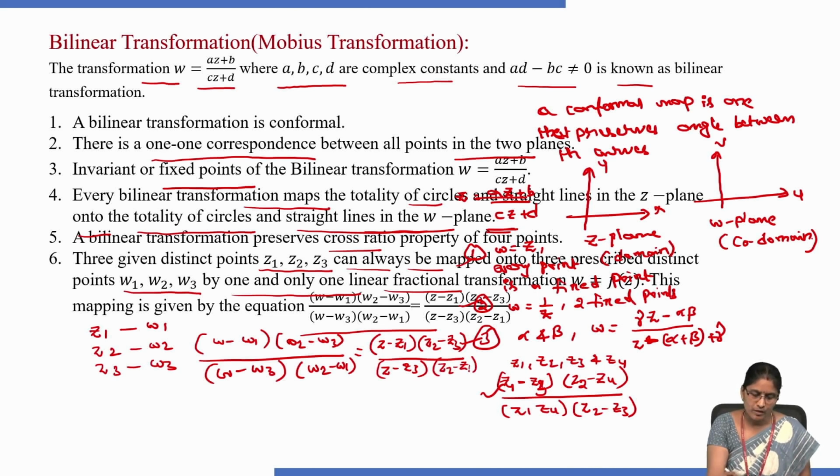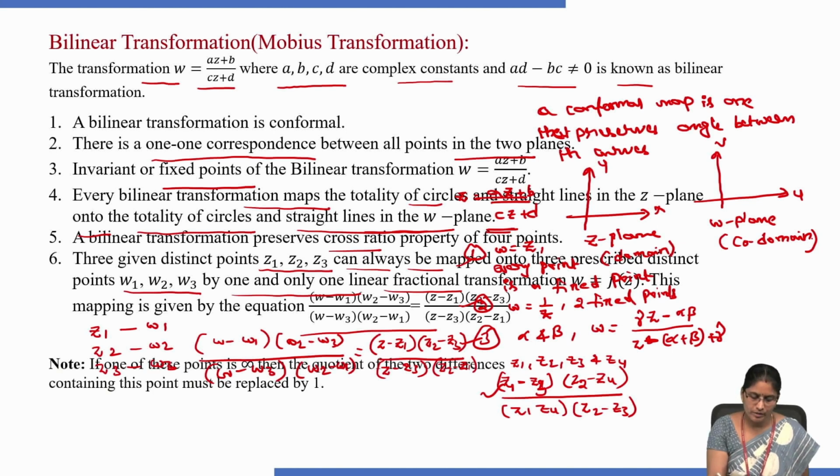So this is the formula for 3 given distinct points Z1, Z2 and Z3, which are mapped onto 3 distinct points W1, W2 and W3.